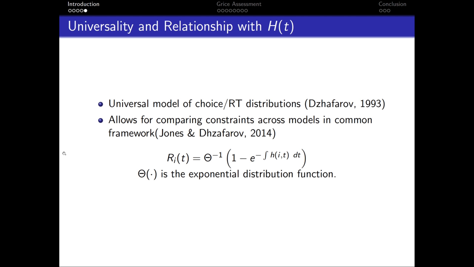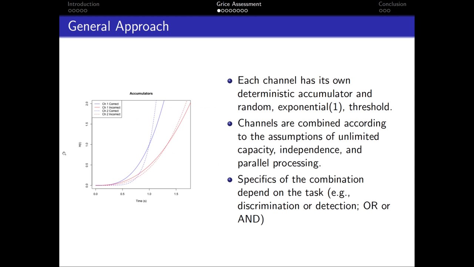So Dzhafarov in '93 showed this is the case where effectively you can choose any distribution you want for that threshold process, but if you choose the exponential 1 distribution, then that deterministic accumulator process is actually the cumulative hazard function. So that's effectively what's being communicated by this formula.